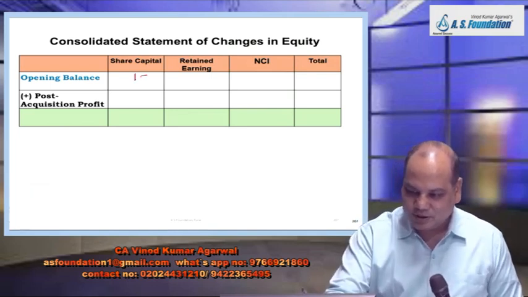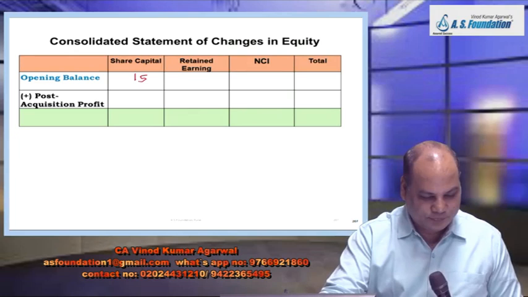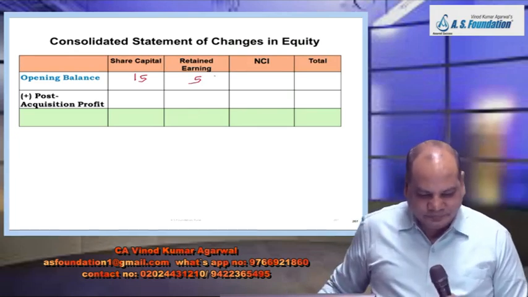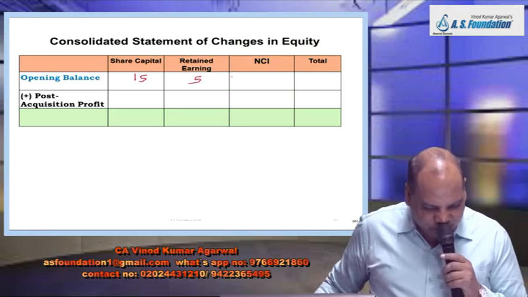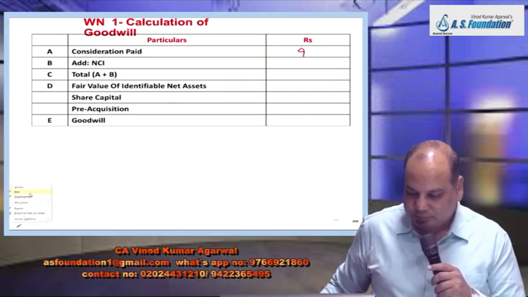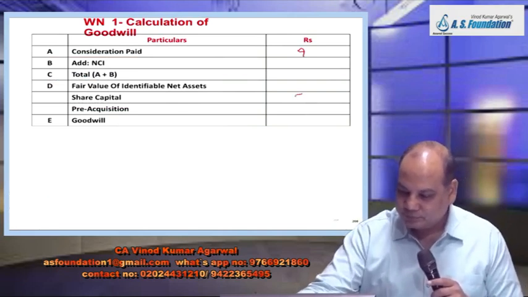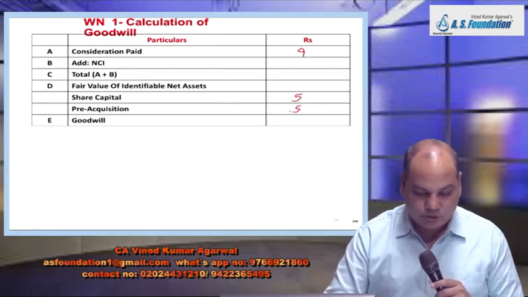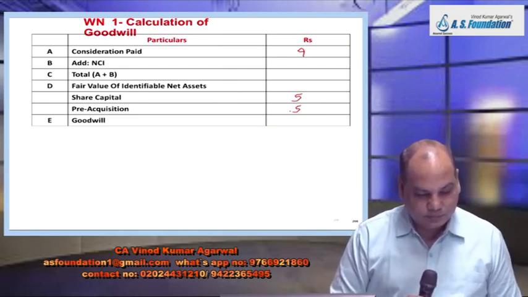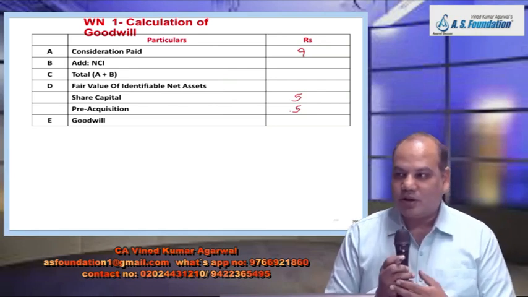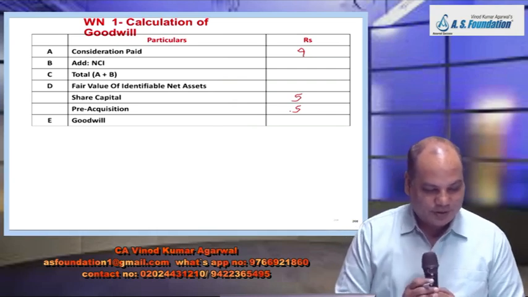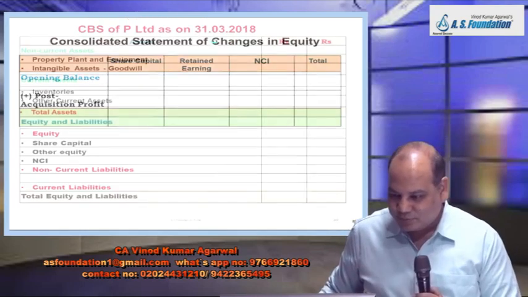Opening 15, retained earning 5. Subsidiary share capital 5 and subsidiary pre-acquisition profit also 5. Is it right? Because all reserves are pre-acquisition reserve. And come back to SOFP.